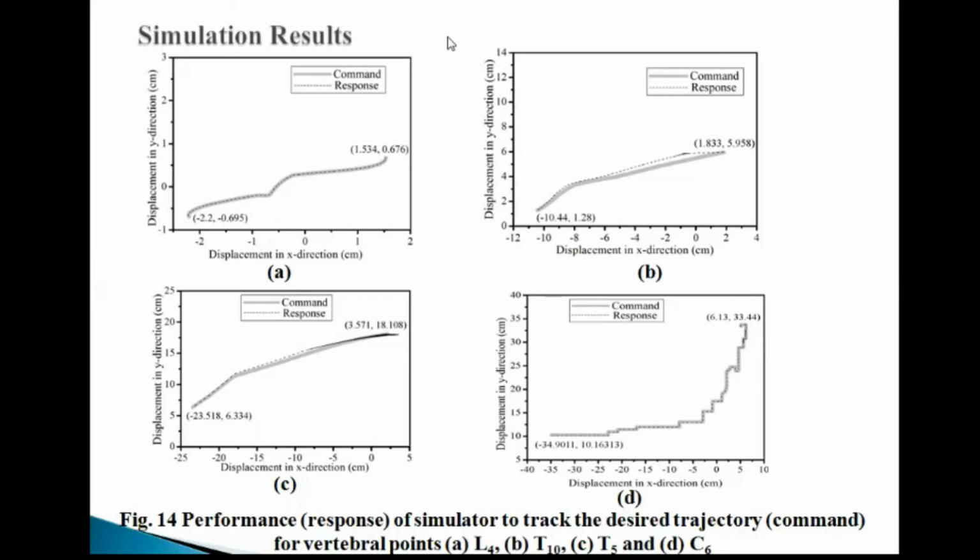So for L4 and C6, the simulator tracks the desired trajectory with minimal error, whereas for points T10 and T5, it is tracked with some error. But the overall response is acceptable because the maximum error is less than 1%.